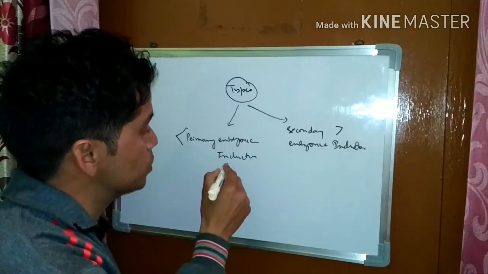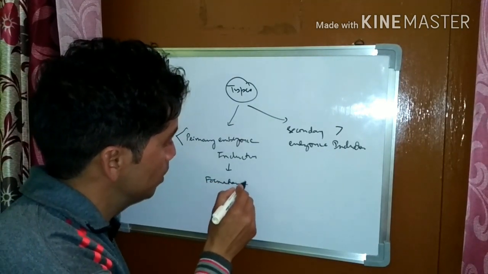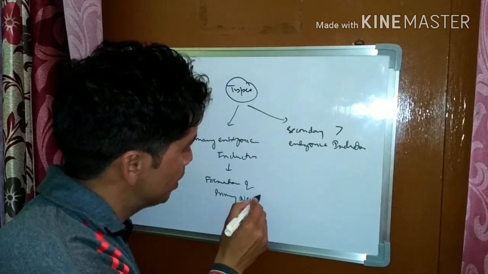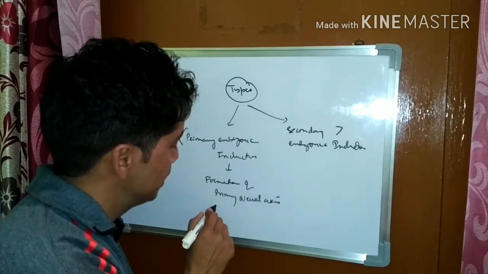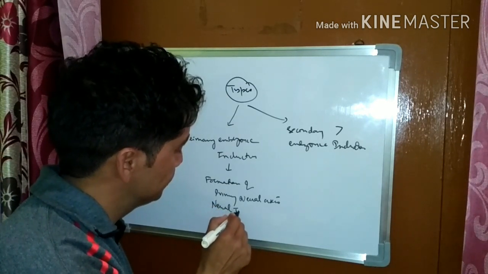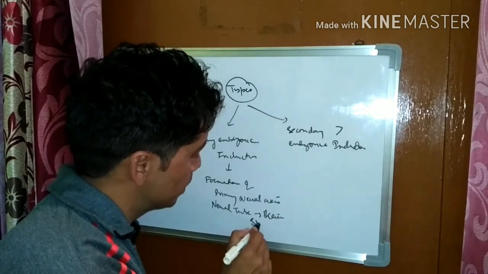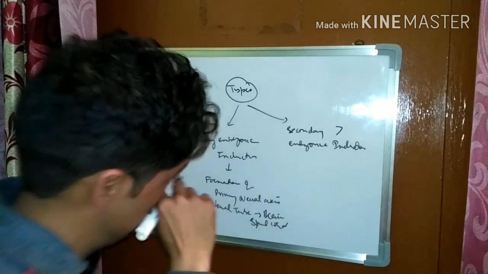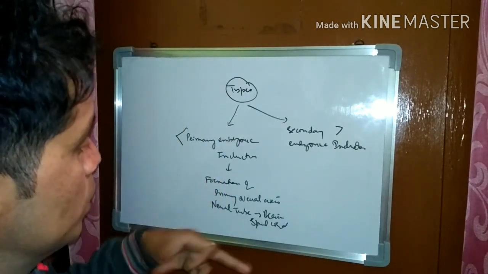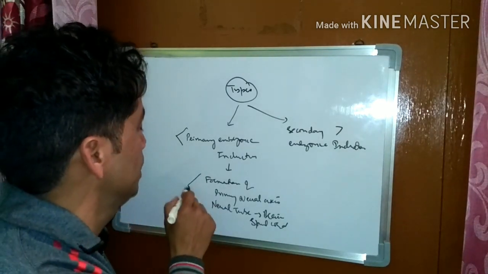So primary embryonic induction means the formation of the primary neural axis, such as the neural tube, then brain, then spinal cord. This is the formation of the embryonic structures related to nervous control. First, the nervous control is formed here.